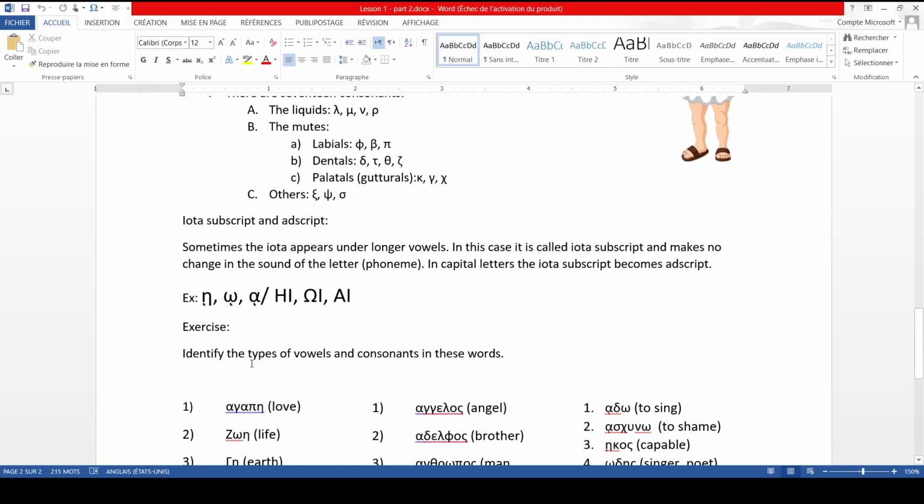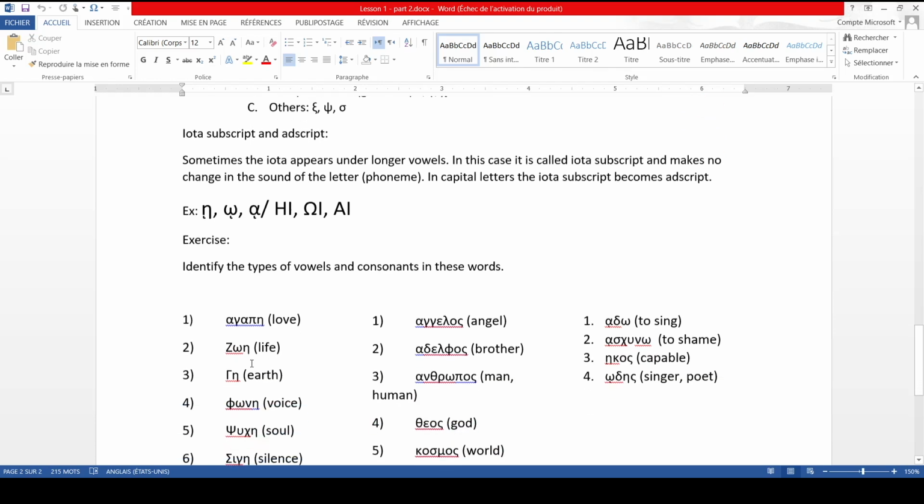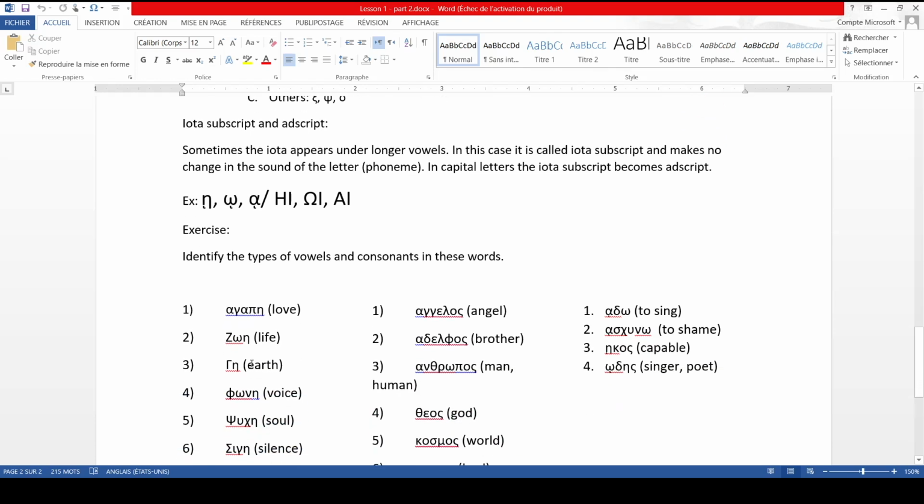So let's go to some actual Greek words and try to identify the different types of vowels and consonants that we can find in these words. I want you to know that these words are not properly spelled.